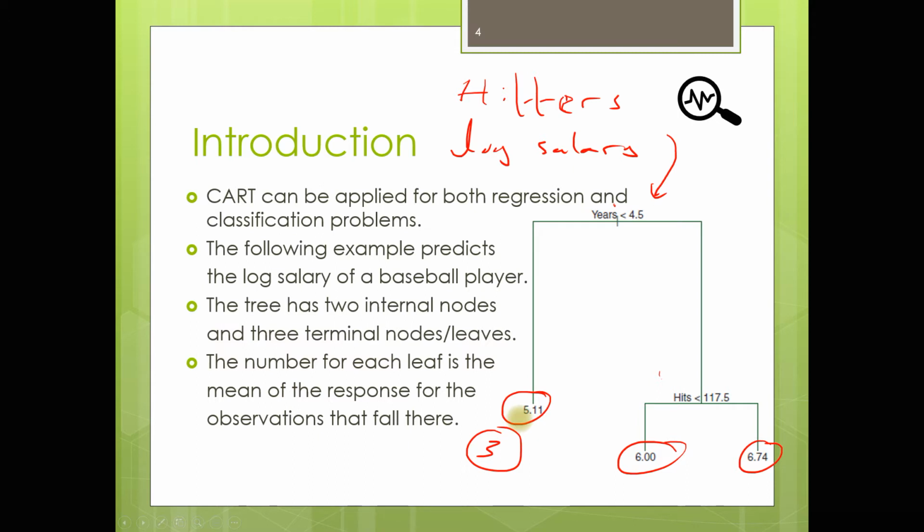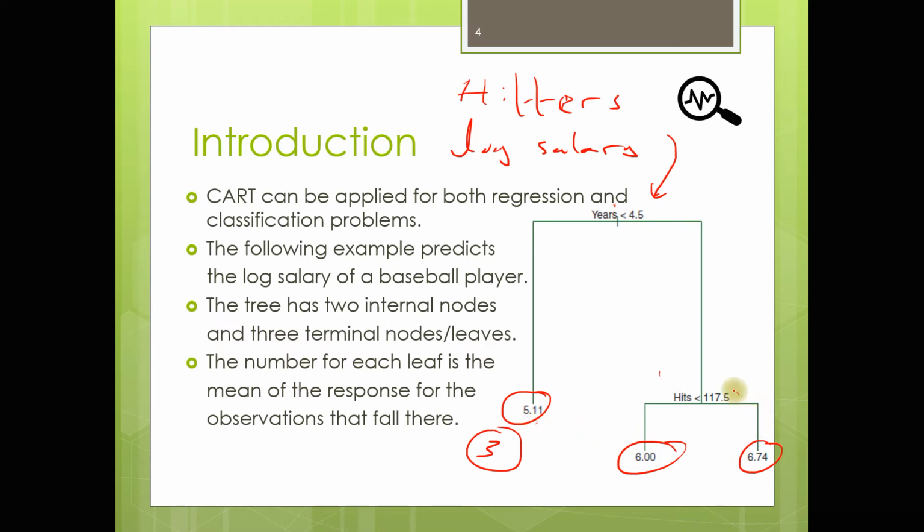I'm just giving you the definitions, the notations and the idea behind a decision tree, and you will be coming across these concepts again and again later on. So just remember that all the values that are located at the end of a branch of a tree are what we refer to as the terminal nodes or the terminal leaves.